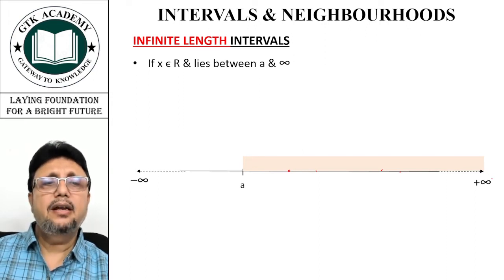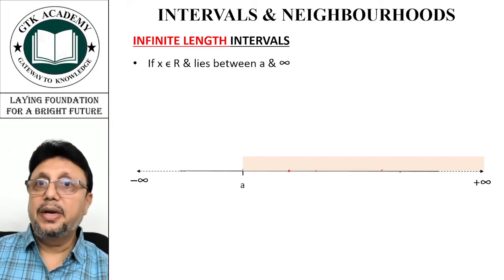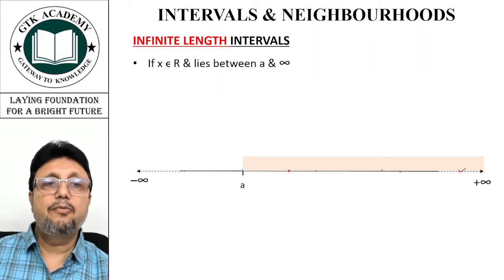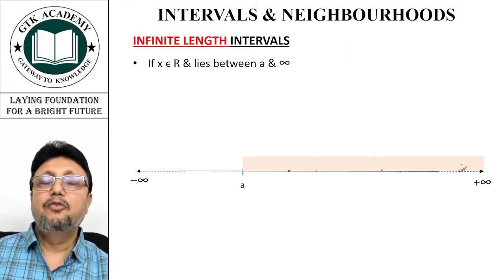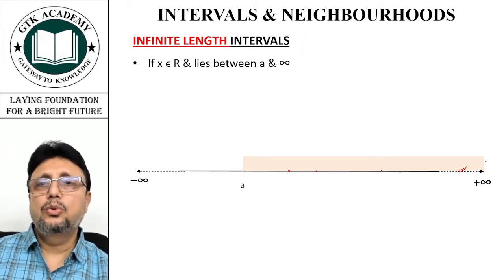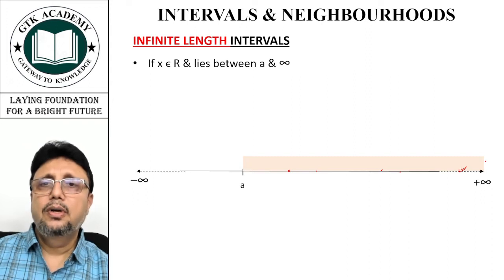Although I have depicted it here, we cannot depict infinity. That is the reason I have put this dotted line, because infinity doesn't have any value. So we cannot depict it. Just to show you, for your understanding, I have put plus infinity and minus infinity on this side.